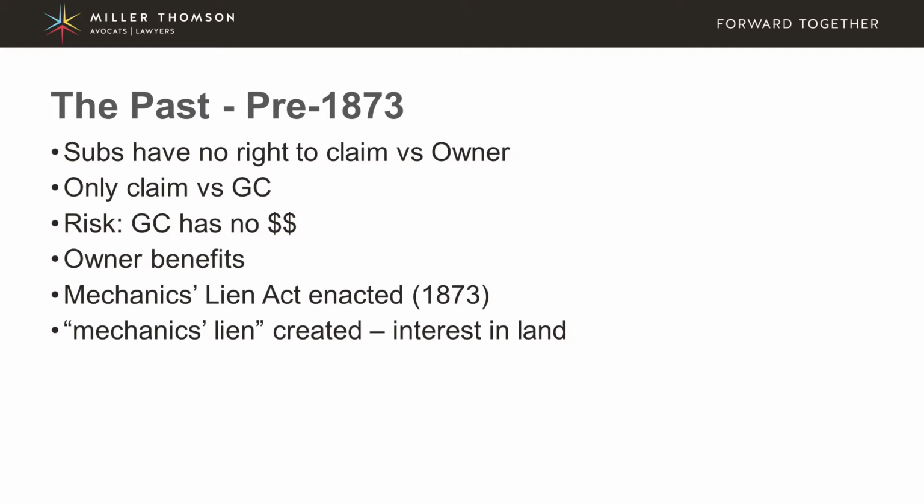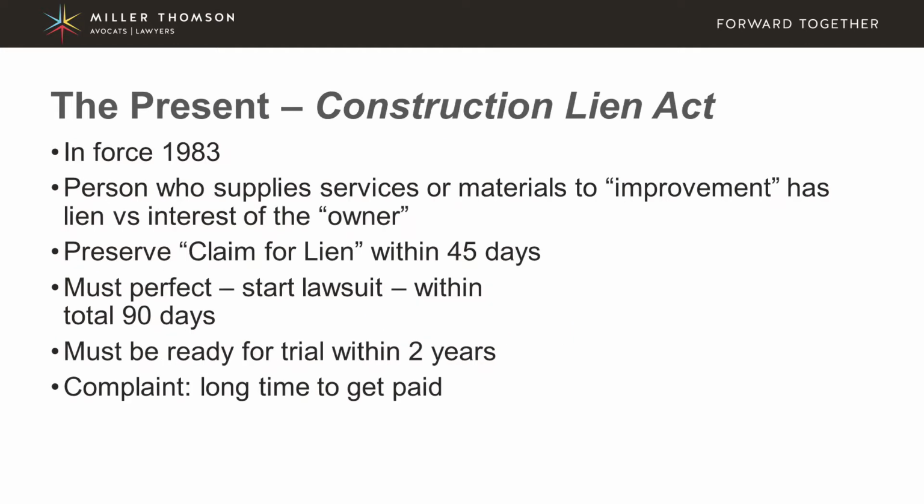Now, if we fast forward to the present, currently what we have in place is called the Construction Lien Act, and it came into force in 1983. The Construction Lien Act set out that a person, meaning a general contractor, a subcontractor, a supplier, or actually an individual if they were an independent contractor, who supplies services or materials to an improvement has a lien against the interest of the owner in the land.